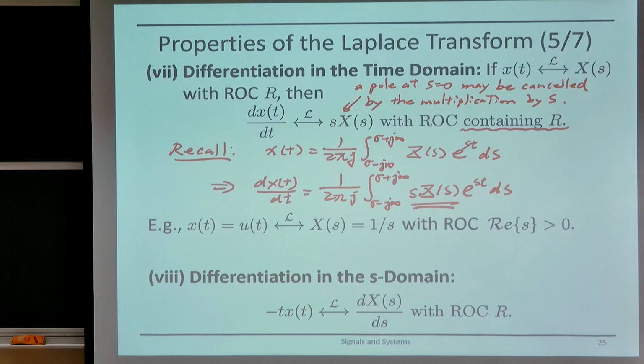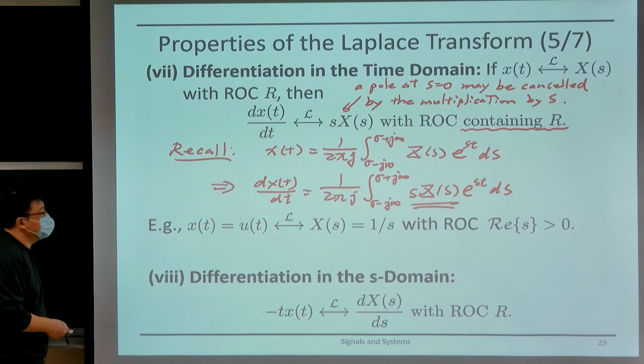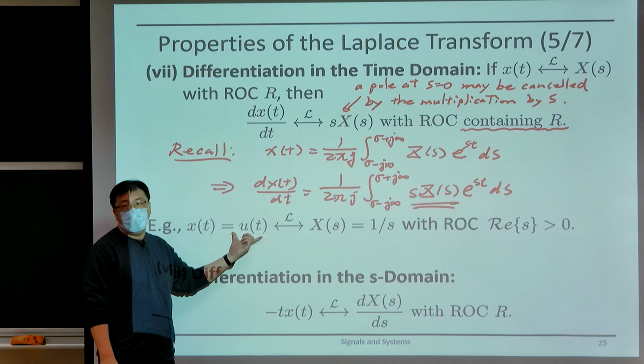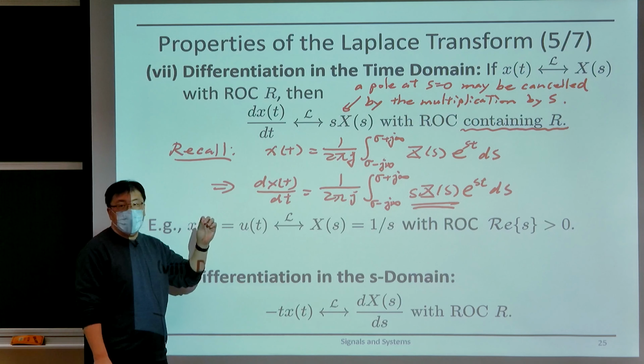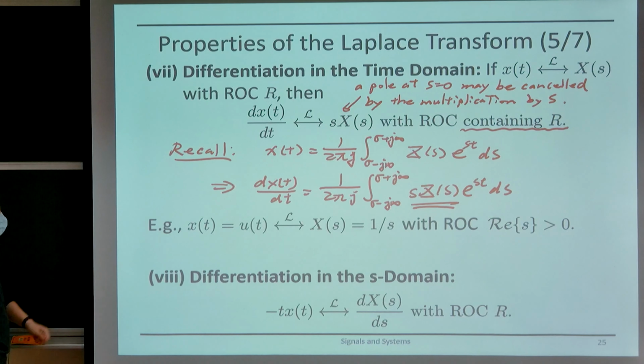Now, suppose you have x of t that is the unit step function. We know that for this, the Laplace transform is 1 over s, because u of t is the special case of example 9.1 with a going to 0. So u of t has a Laplace transform 1 over s with region of convergence the right half plane to the right of 0.